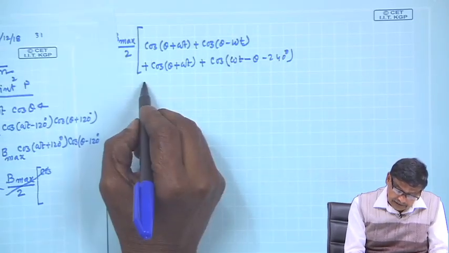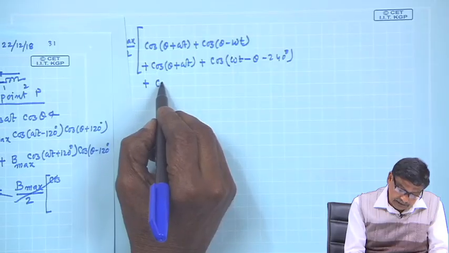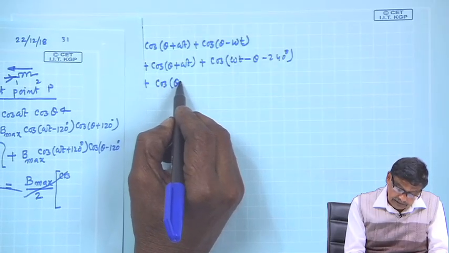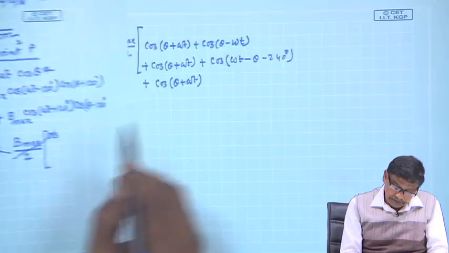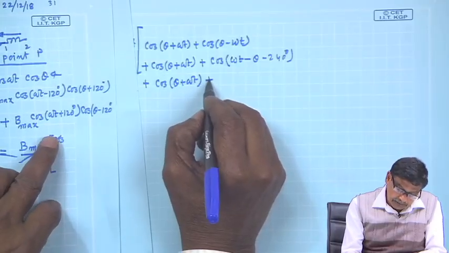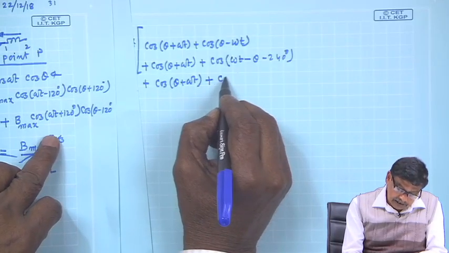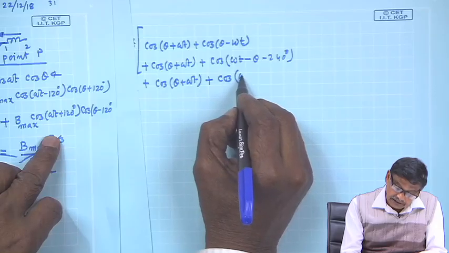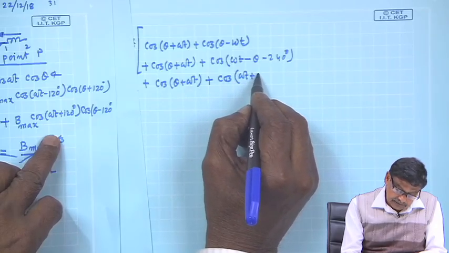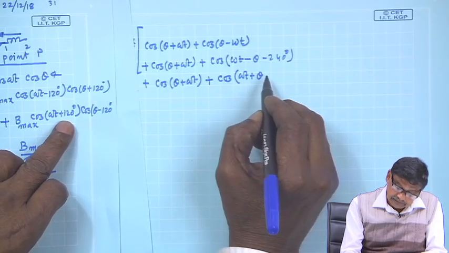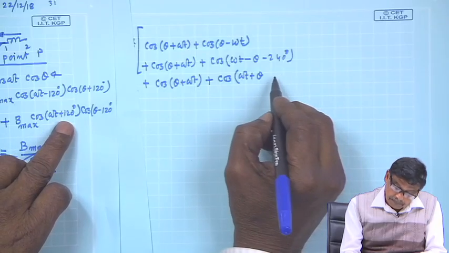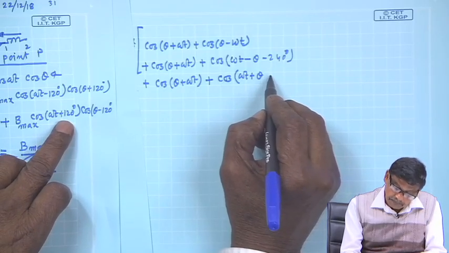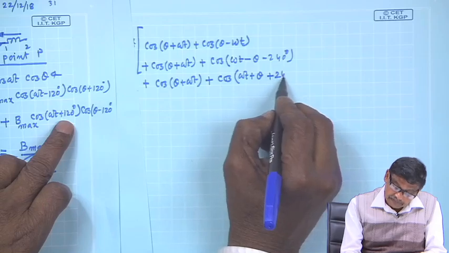And finally, the last term will be once again cosine theta plus omega t. These two terms, if you combine, will be plus cosine of A plus B, that is omega t plus theta plus 240 degree.